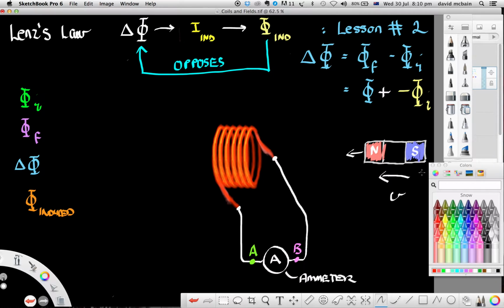But because the magnet is initially quite a way off, away from the coil, the magnetic field strength will be weak, and therefore the flux will be quite small. So we can represent the flux through the coil initially as going in that direction, but with quite a small value. So we'll draw a small arrow pointing to the left.